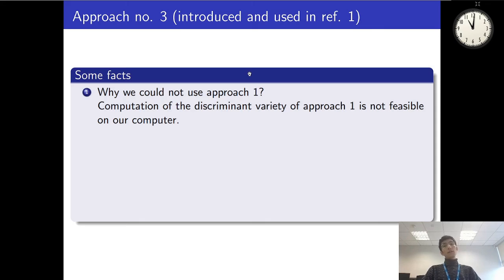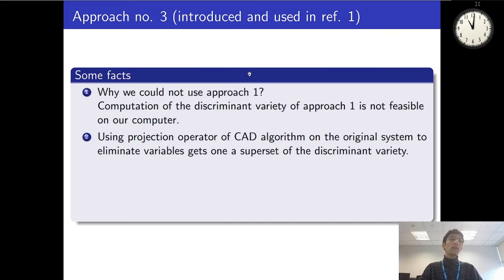So the first idea that came to our mind was to get rid of the first stage, get rid of Gröbner basis. So we use an alternative, which is the projection operator of the CAD. Let's skip the details. So we compute a new set of curves or polynomials whose solution set contains the discriminant variety. It is more than that, but it contains the discriminant variety and is free of Gröbner basis.